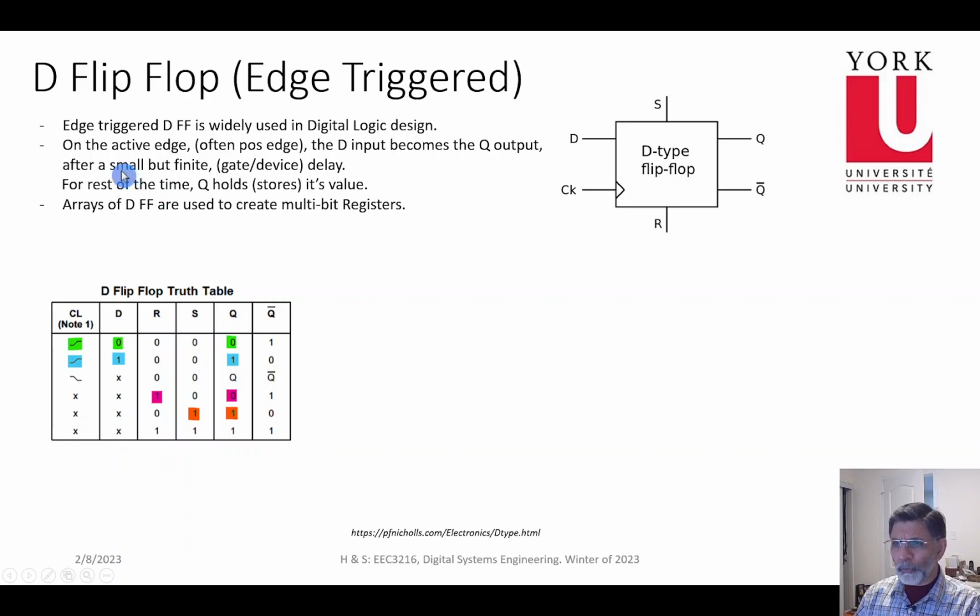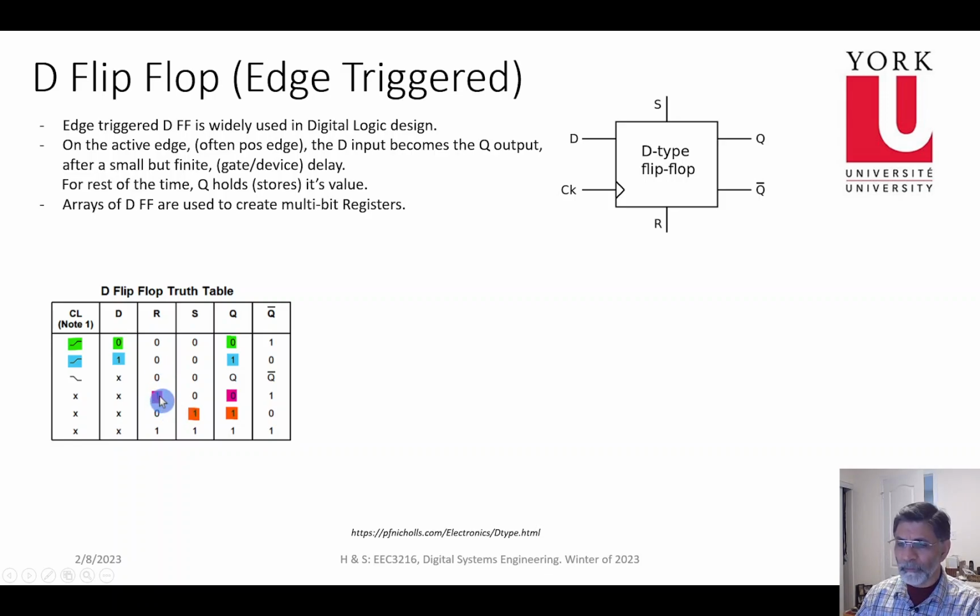It's a minute delay, but it still takes some time, usually nanoseconds or so, and then Q becomes the same value as D. Similarly, when there's a rising edge and D is 1, Q becomes 1. At other times, when the clock is at high level or low level, or there's a falling edge, Q just keeps its value, and it doesn't matter what D is at that time.